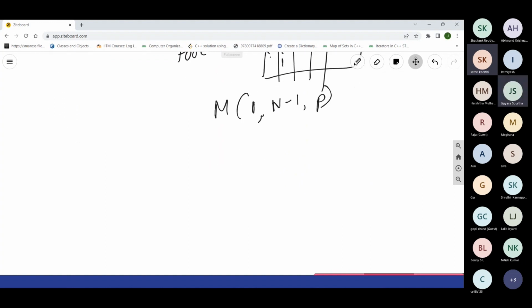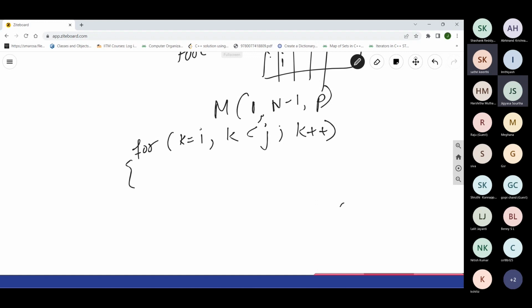And then, when you write the for loop, your splitting will start from k equals I, and it will go while k is less than j, with k plus plus. When you go for the splitting, let's say you are finding the cost of multiplication for multiplying I till j.